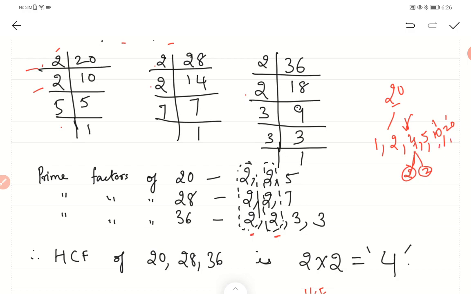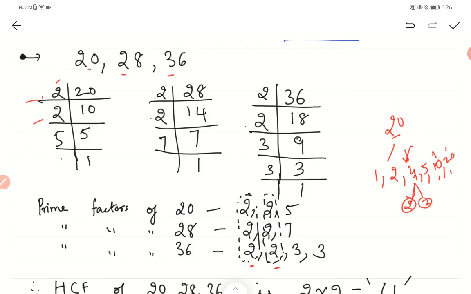Okay, so the method to find prime factors is by the division method or the T model, which we discussed in the last video. Hope you understood. You have many factors for 20 other than 2 and 5. You have other factors 10, 20, but these factors are not prime.